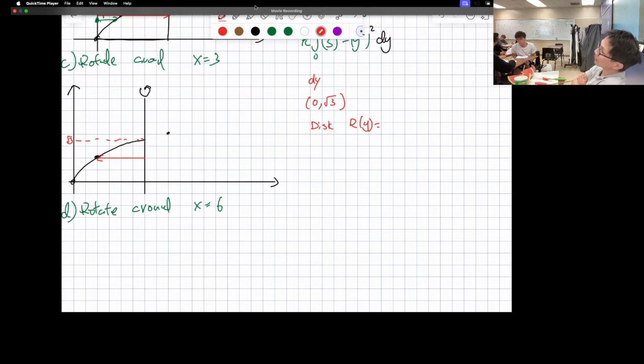Yes, Caden? Y squared? I don't know. What do you think? Okay. Anybody else think it's y squared? Okay, anybody else think different? Okay, Balin, what do you think? Root 3 minus y squared. Anybody else?